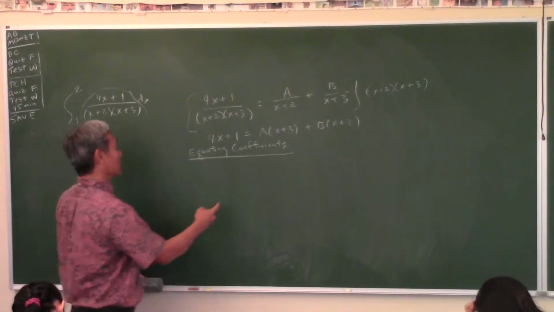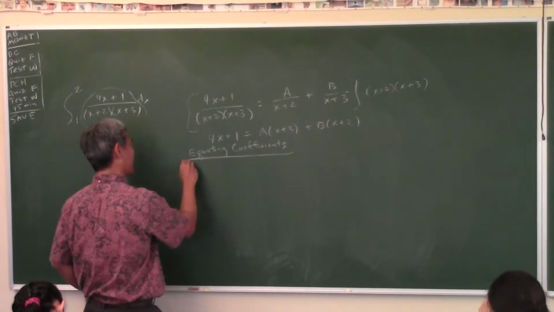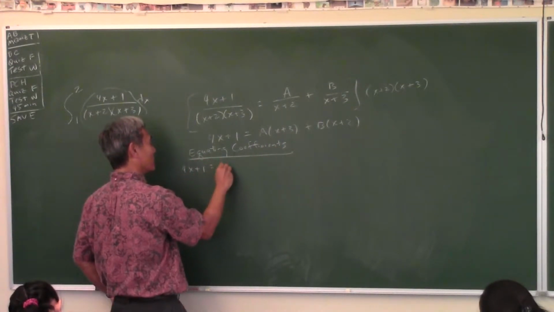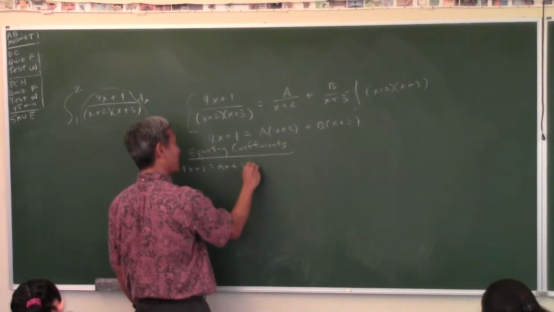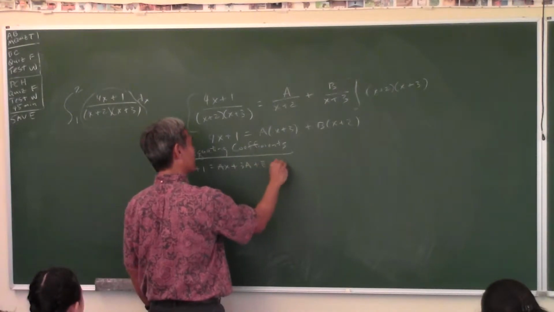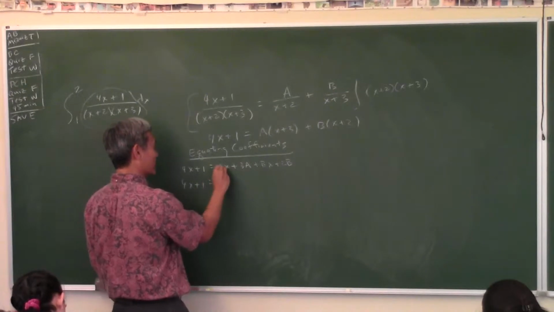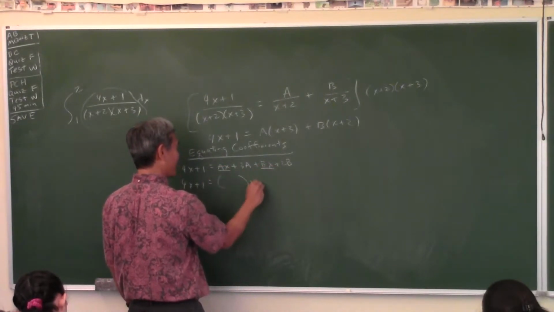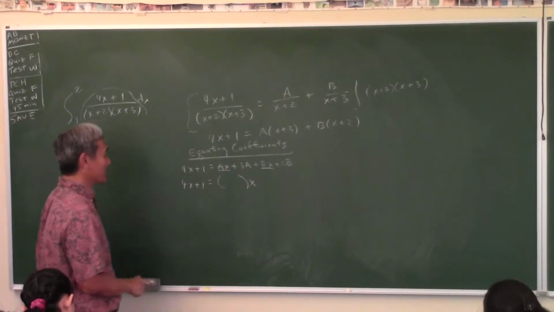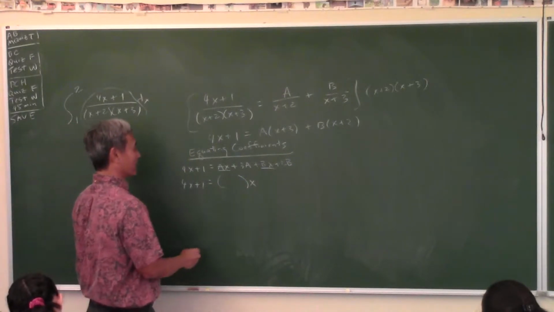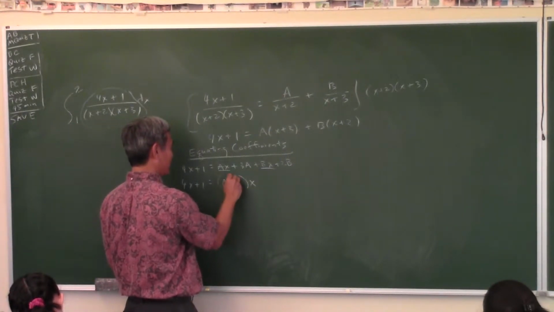Okay, so what happens if I multiply this up? You get 4x plus 1 equals ax plus 3a plus bx plus 2b. So 4x plus 1 equals, now there's two x terms. If I factor out the x, what's going to be left? A plus b.